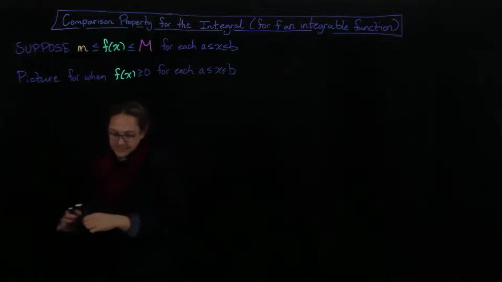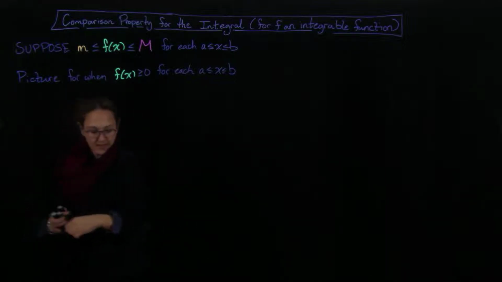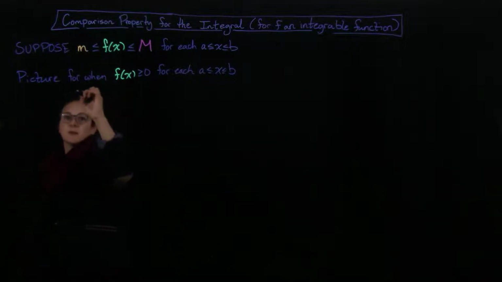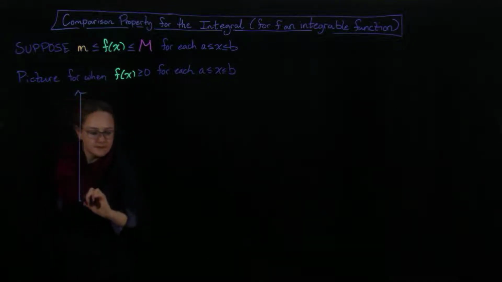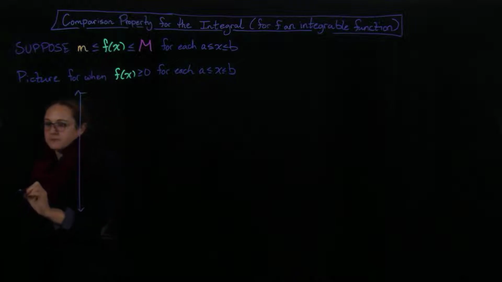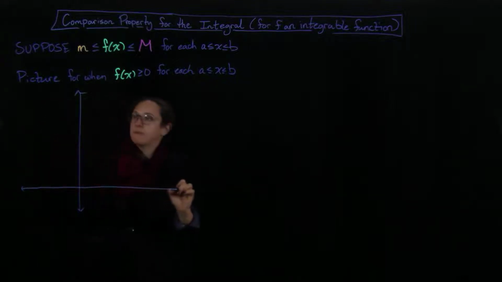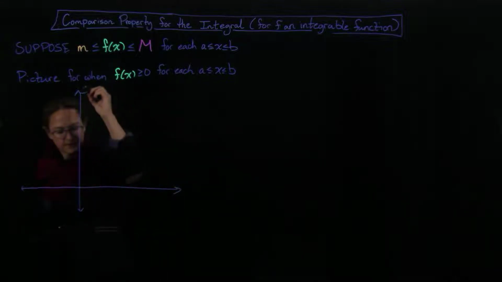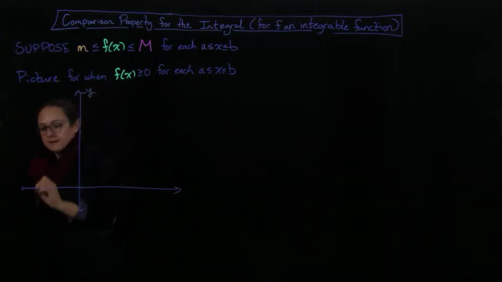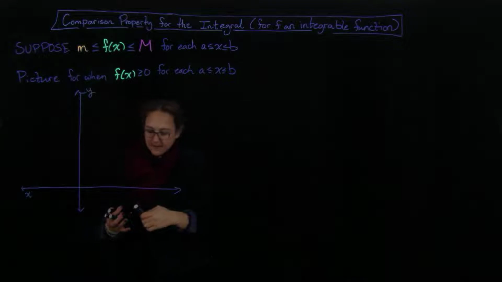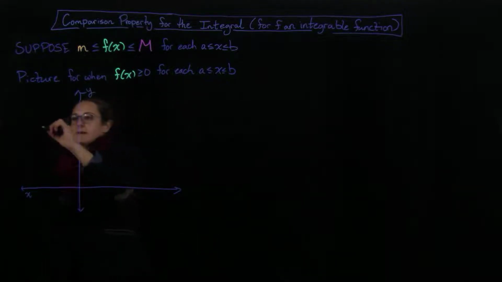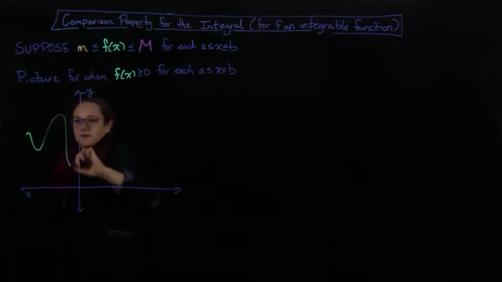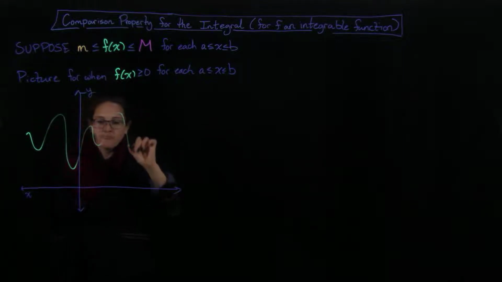And then here's the picture. I'm going to draw my y-axis and my x-axis. This is y and x. And then I have some kind of function like this. It's going to be going up and down.